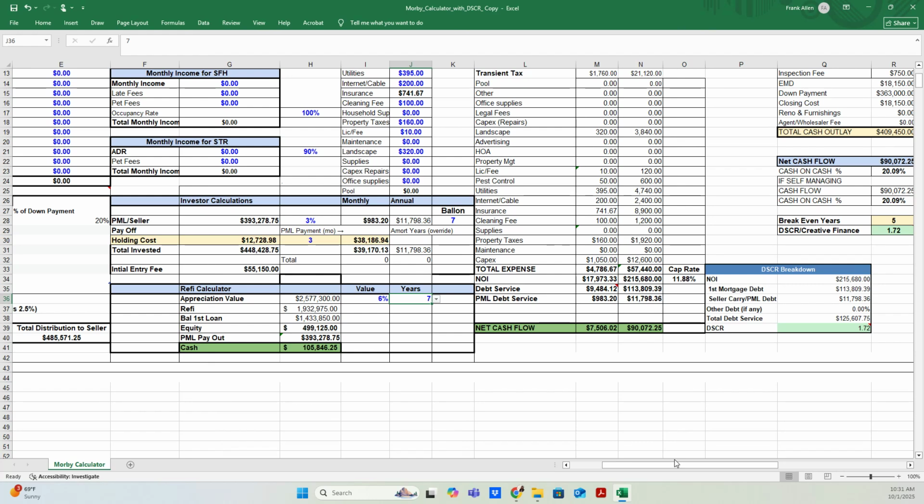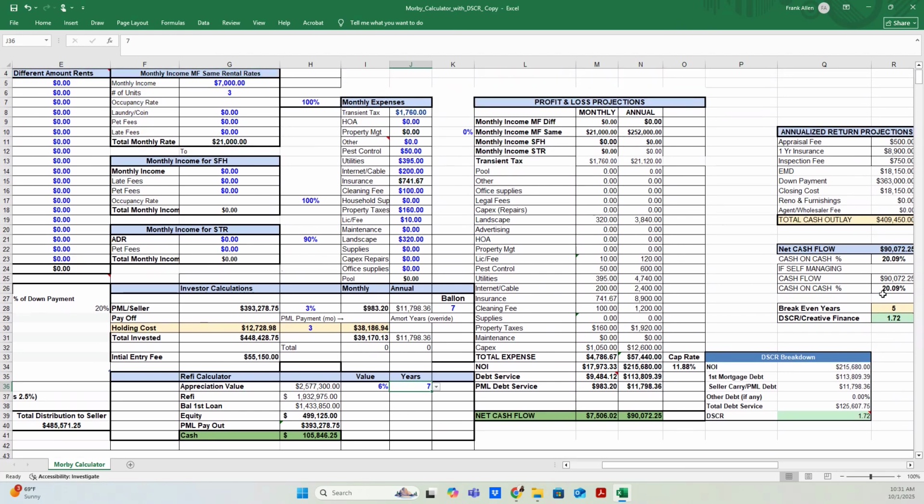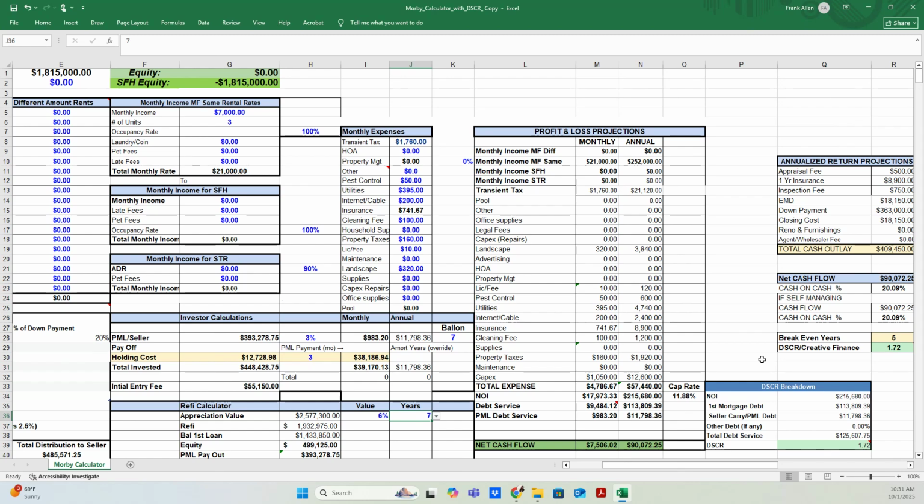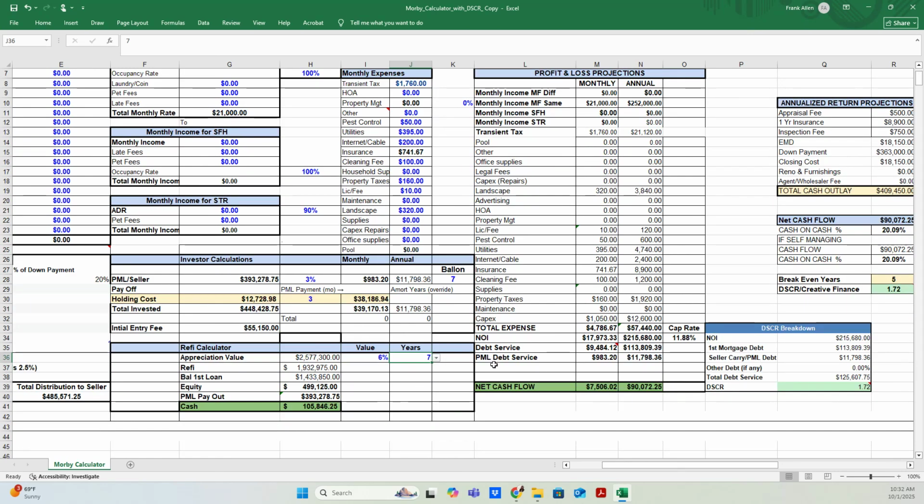But when you refinance, now you're going to have a higher mortgage payment. So will you still have enough revenue coming in to pay for that? It'd be interesting to put that calculator in down there. I think that will be the final step for this calculator.